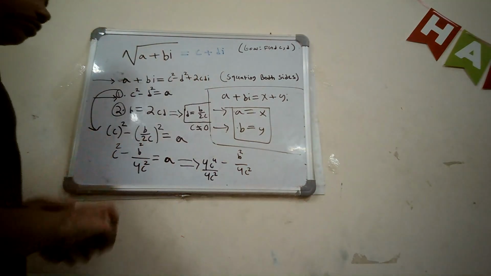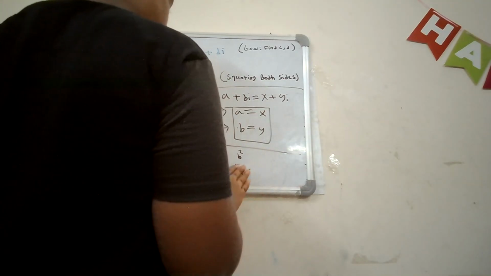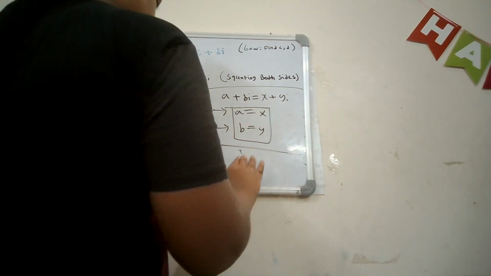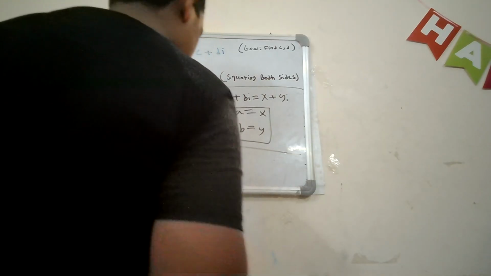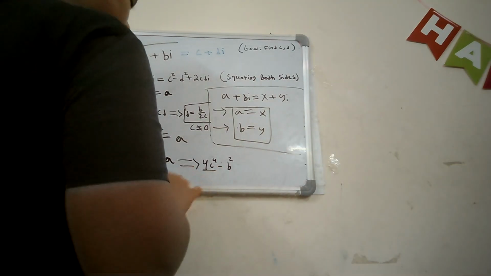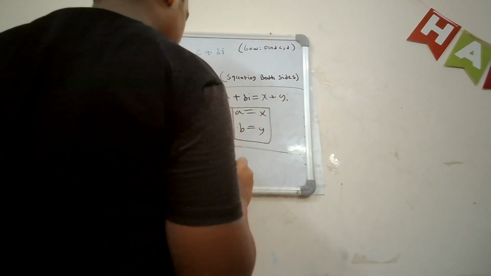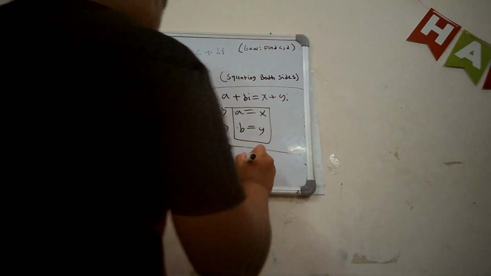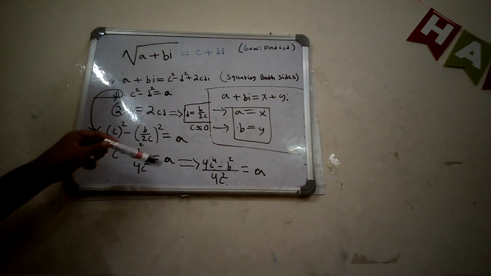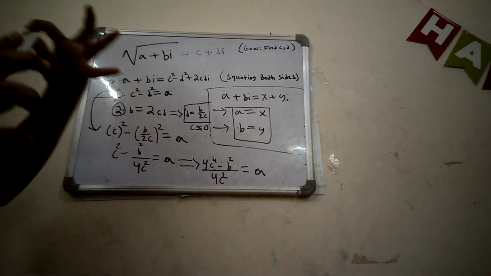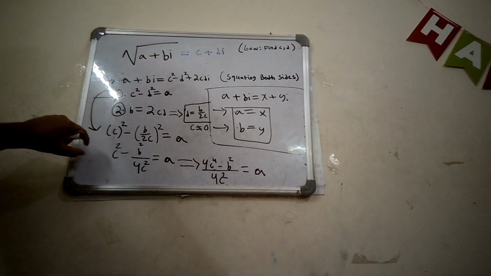Now let's combine: 4c to the 4 minus b squared upon 4c squared is equal to a. So this is a refined equation that we get when we simplify this.